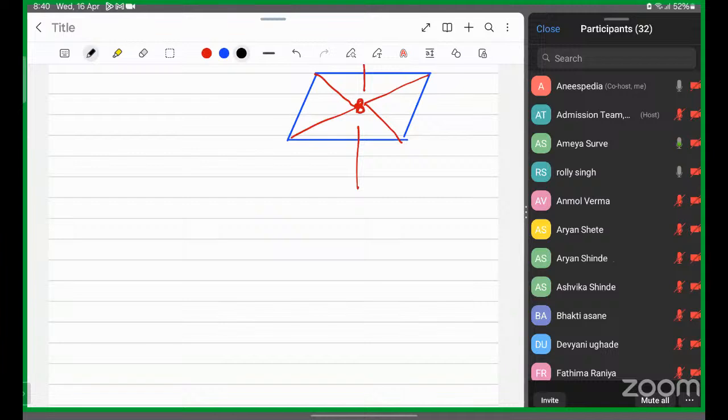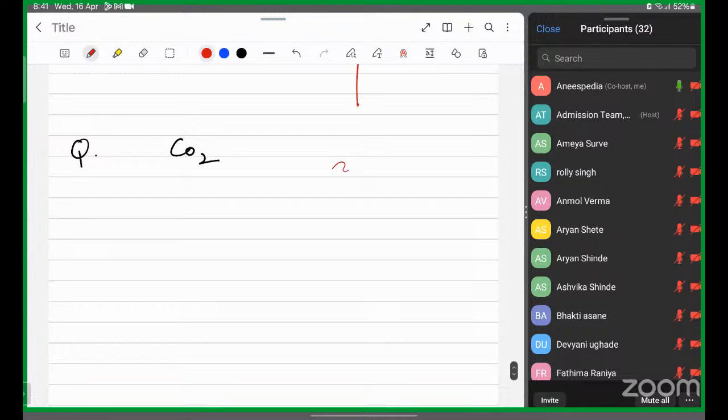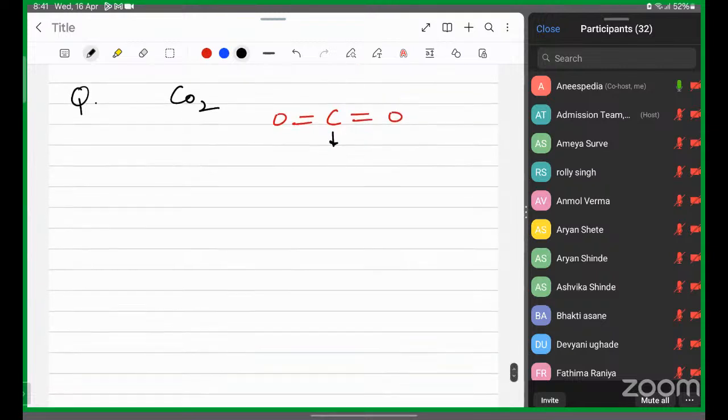Okay, now we can do some questions to find out hybridization. Let's discuss CO2. What will be the hybridization of CO2? CO2 is C double bond O double bond O. And if you look at the hybridization of carbon, in this case carbon has 2 sigma bonds, and in case of carbon, there are 0 lone pairs.